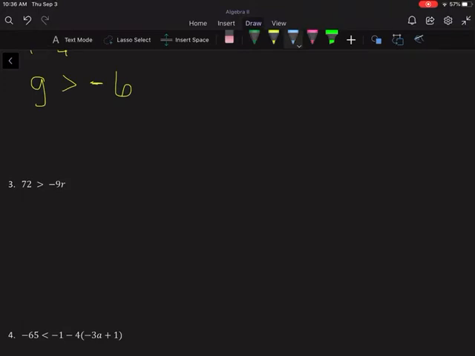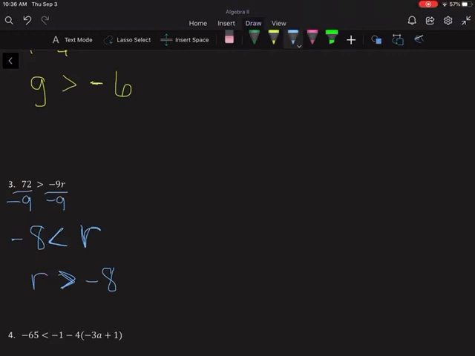72 is greater than negative 9r. Again, I need to divide that negative 9 away from the r. And this time I am dividing by a negative, so I need to flip the greater than to a less than, and it's r. 72 divided by negative 9 is negative 8. So we have r is greater than negative 8.